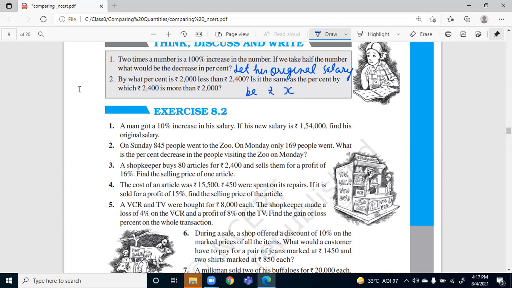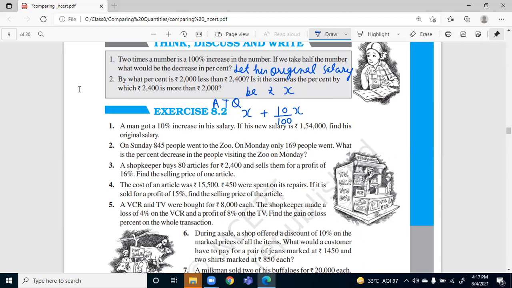Now I will write ATQ, means according to question. So if X is its original salary, increase means plus 10%, which means 10 upon 100 of X. So how much is the salary increased? It increased 10%.